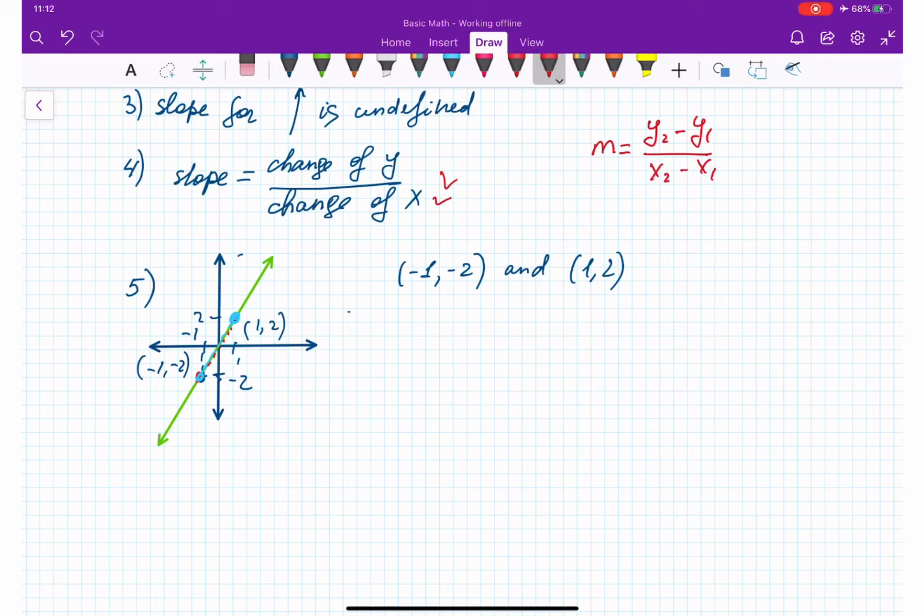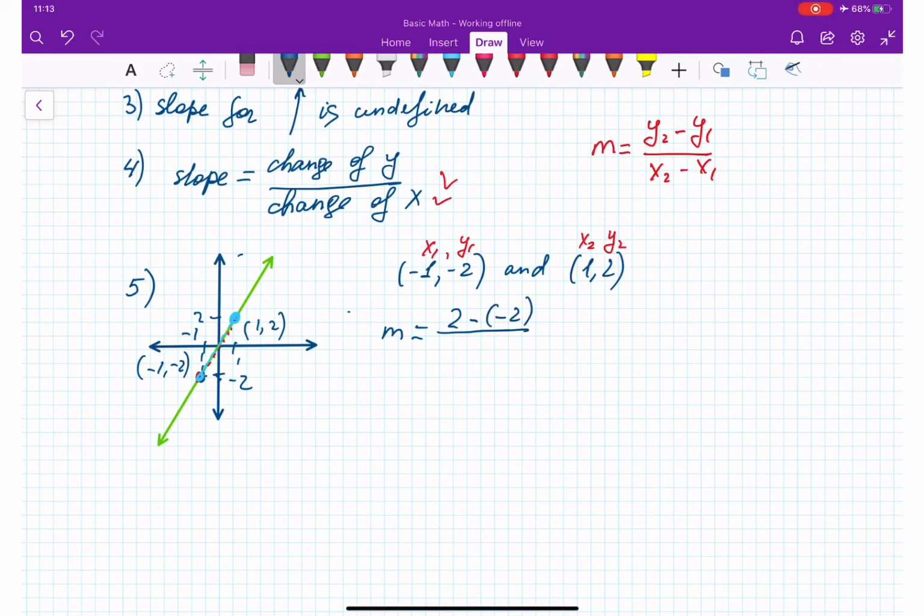Okay, if this is my x1, y1, this is x2, y2, then slope is going to be equal to y2 is 2 minus y1 is negative 2.